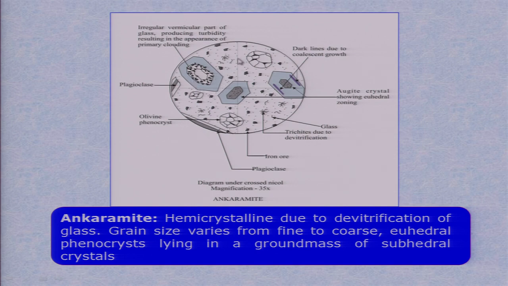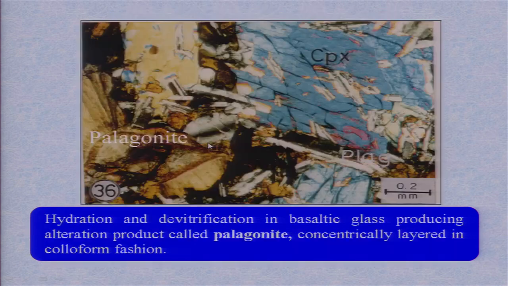They are lying within the glassy groundmass, and these euhedral phenocrysts also show signs of alteration, particularly within the center, and in some places they have developed a rim-like structure or a corona-like border, which is also known as corona structure or kelyphitic borders.